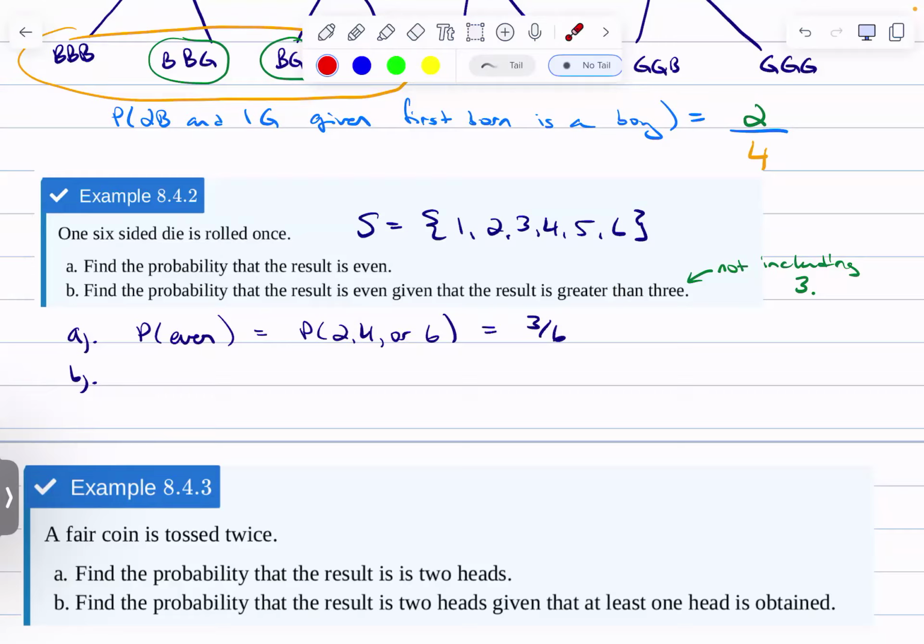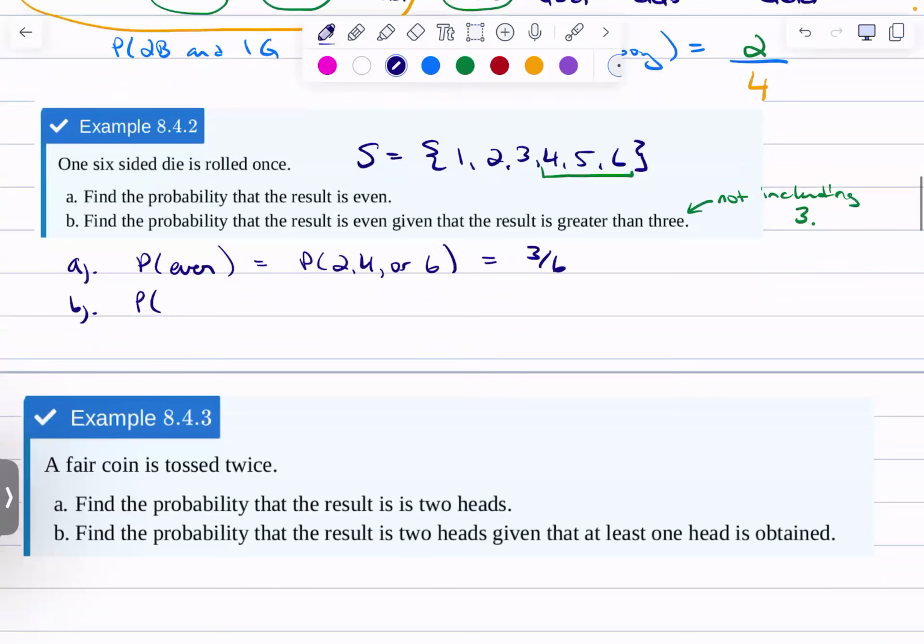Okay, find the probability that the result is even, given that the result is greater than 3, which means that the even ones I have to choose from are 2, 4, or 6, but the result is greater than 3, not including 3, is 4, 5, or 6. And so I know that the result was either a 4, a 5, or a 6.